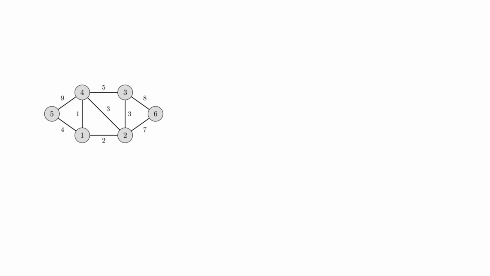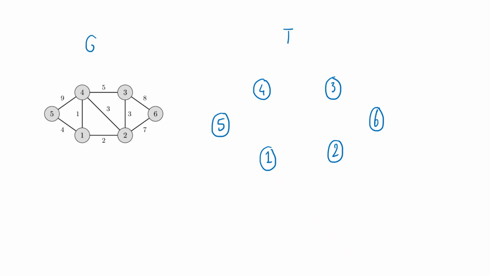So let me do that. So we have 4, 3, 2, 6, 1, and 5. So this is my T, and this is G. And then we initialize our counter to 0.